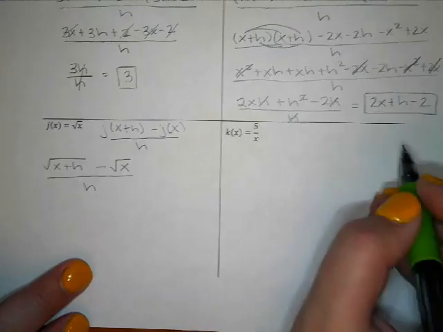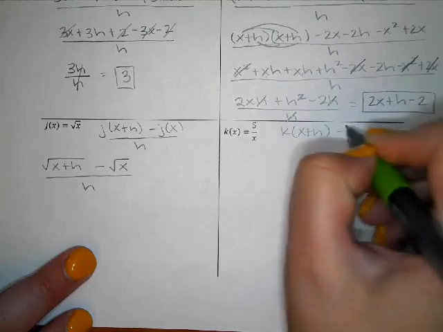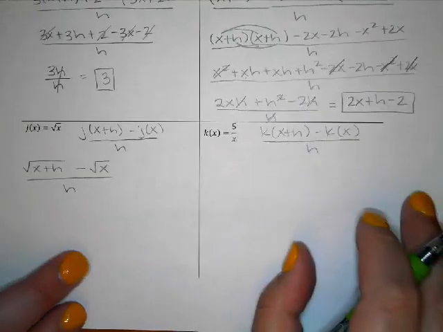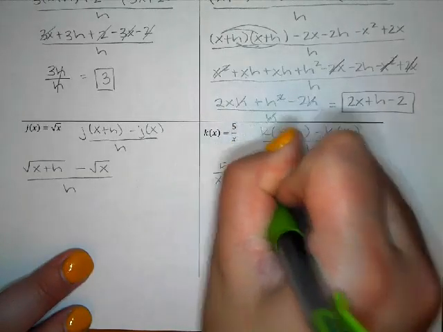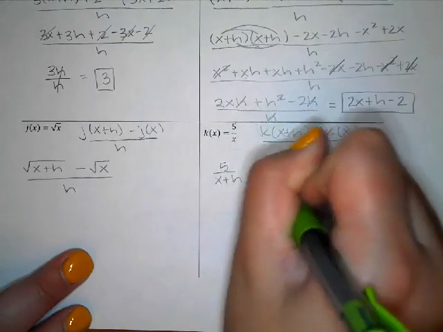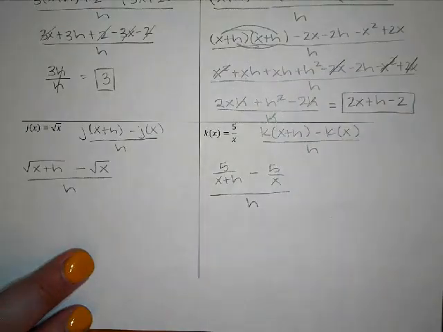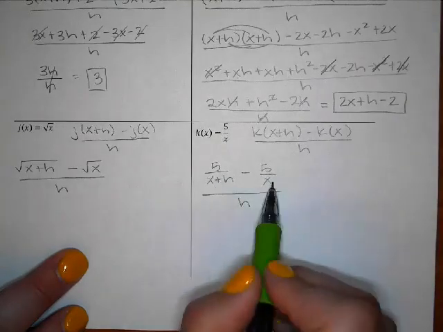All right, let's do the next one. So we're going to have k of x plus h minus k of x divided by h. Okay, so I'm going to take the function, plug in x plus h, minus off the function itself, divided by h. There's a couple ways that you can simplify this. The common practice that I've seen moving forward is to find the common denominator between both of these pieces and multiply.